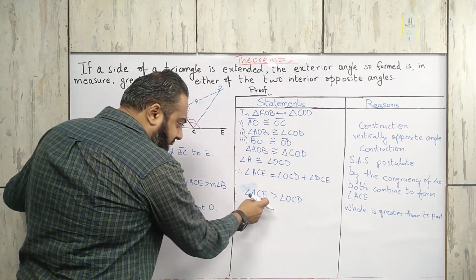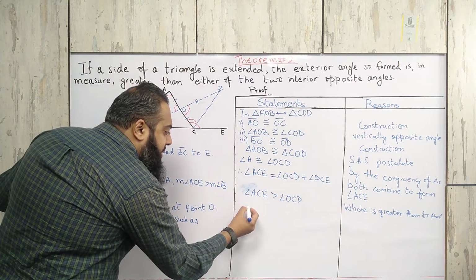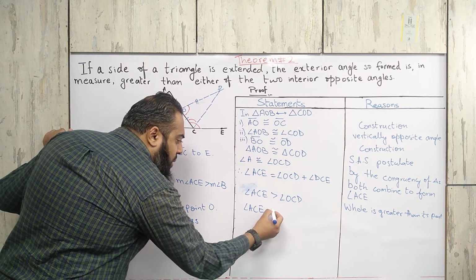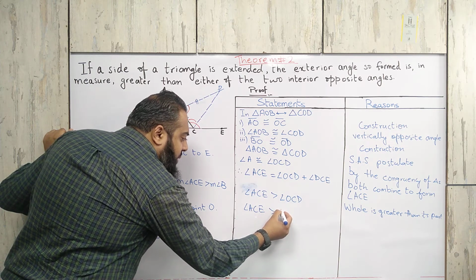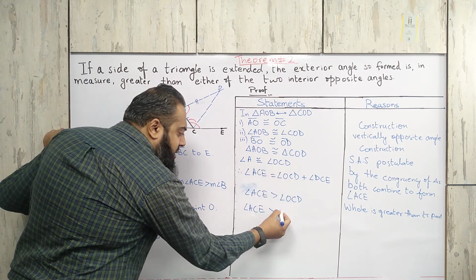And if ACE is greater than angle OCD, then we know that OCD is equal to angle A. We have written over here by the congruency of triangles.